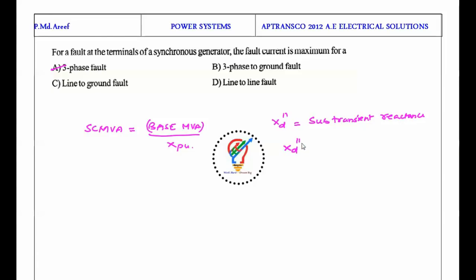When we convert this formula into currents, the short circuit current is the base current divided by X double dash. Since this value is very low, the short circuit current is very high in case of a three-phase fault.